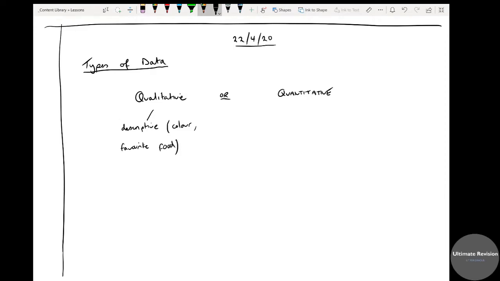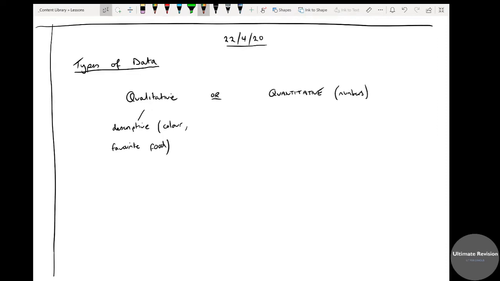Something that's wordy. So that's qualitative data. Now quantitative is numbers related. Numbers. And that's what we're going to focus in on today. So we're looking at quantitative data, and there are two types of quantitative data. You can either have what we call discrete data or continuous.